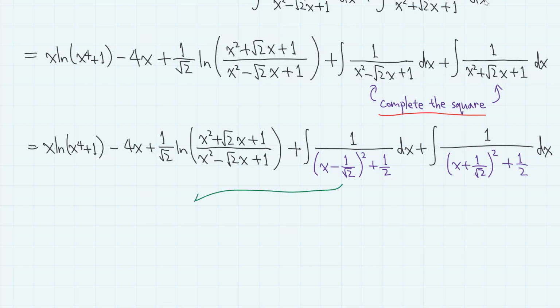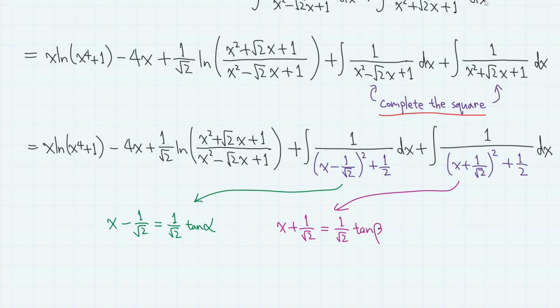So as for the first part, we apply the trigonometric substitution x minus 1 over square root of 2 equals 1 over square root of 2 tangent alpha. And as for the second part, we apply the trigonometric substitution x plus 1 over square root of 2 equals 1 over square root of 2 tangent beta.